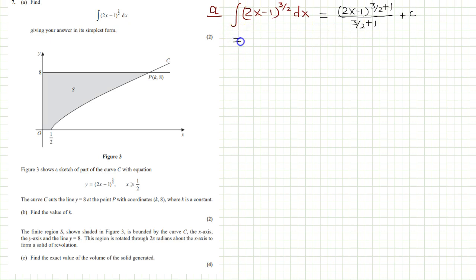So this is equal to (2x plus 1) to the power 5 over 2, and this will be 2 over 5, plus c.